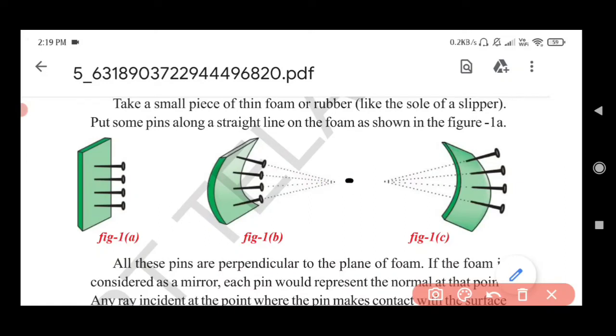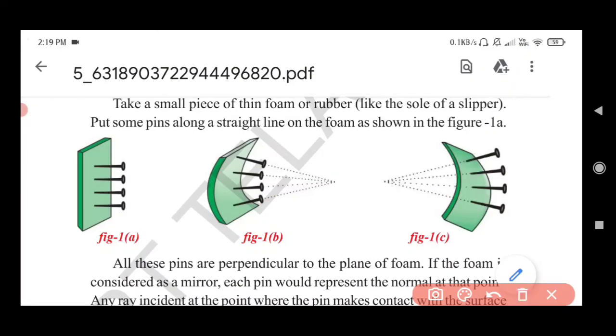And in this one I have just changed the direction. I have bent the rubber foam outwards, and the pins are going away from it, but their ends seem to be merging at a particular point here, isn't it?